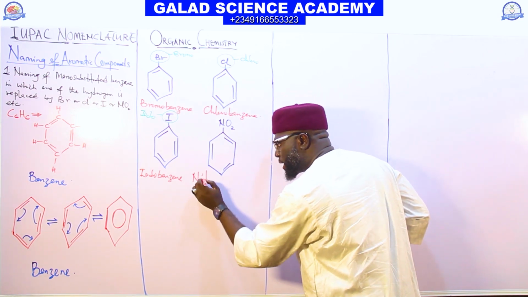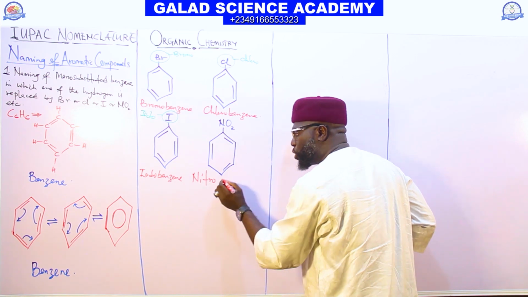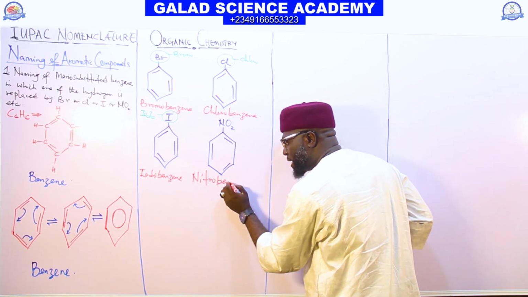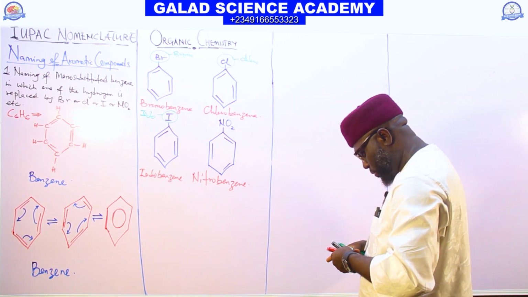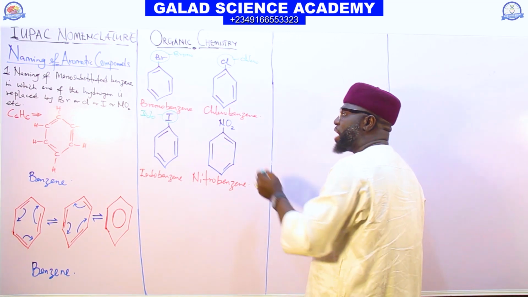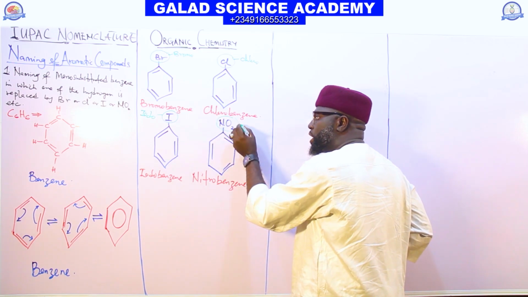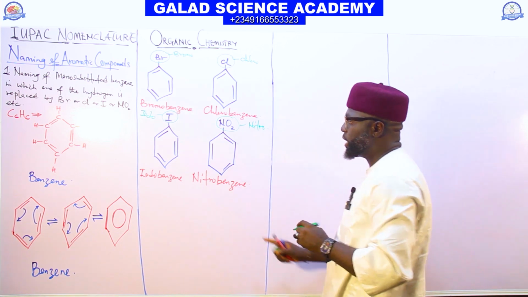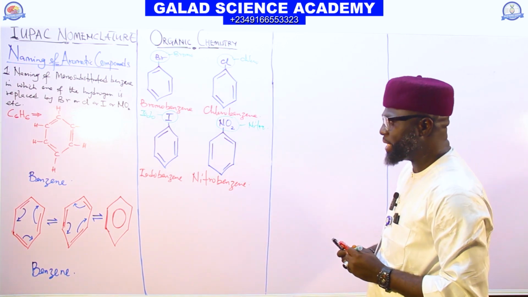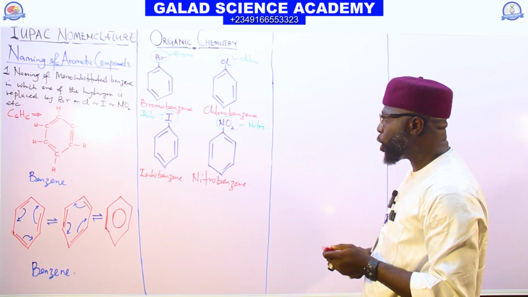And the name of the compound will become nitrobenzene. So the substituted group we have here is called nitro. Nitrobenzene.